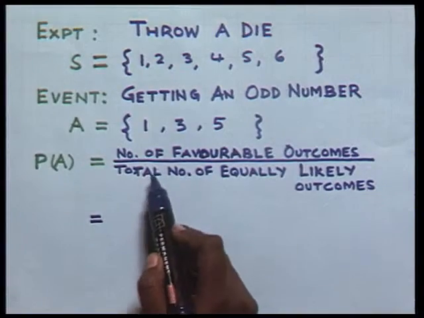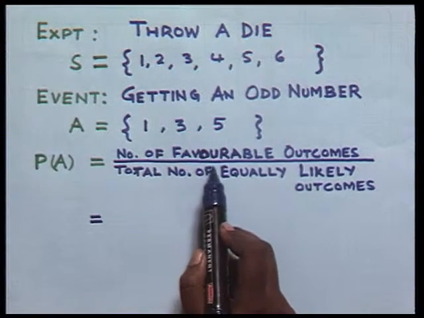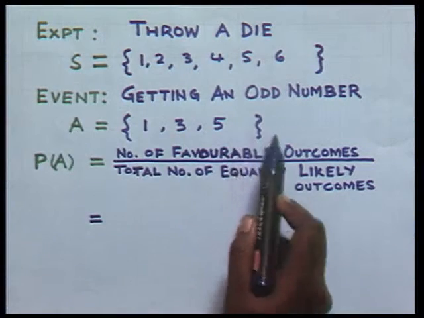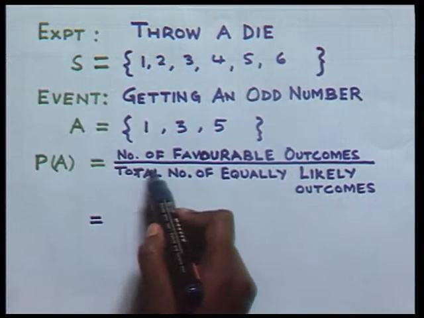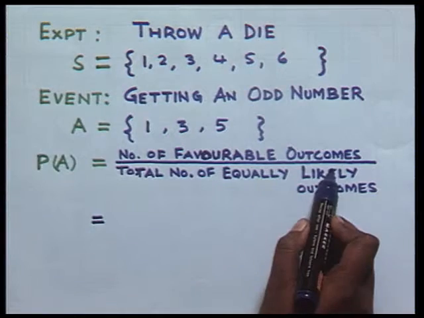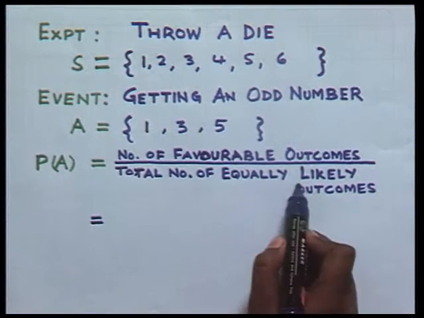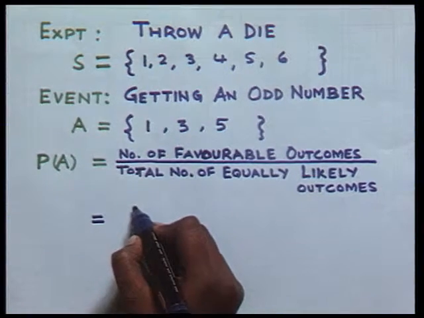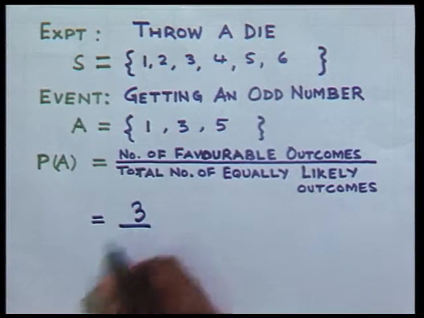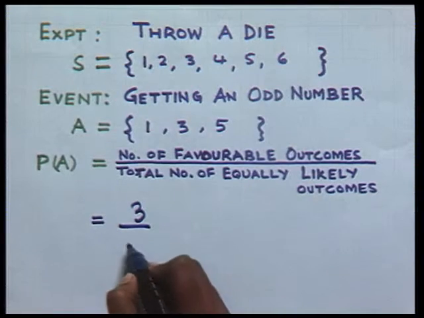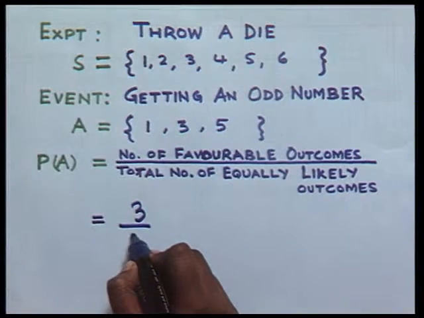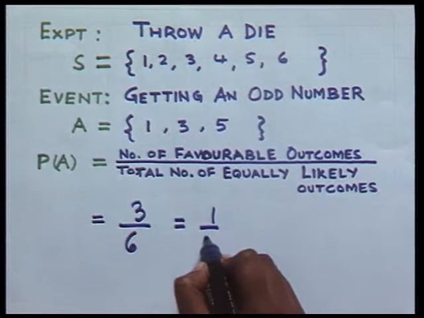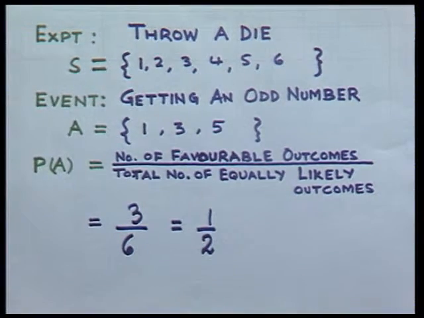Now, coming back to this experiment, throwing a die, the probability of the event, getting an odd number, is given by the number of favorable outcomes upon the total number of equally likely outcomes. In this experiment, the number of favorable outcomes is 3 and the number of equally likely outcomes is 6. So, we get the probability as 1 upon 2.